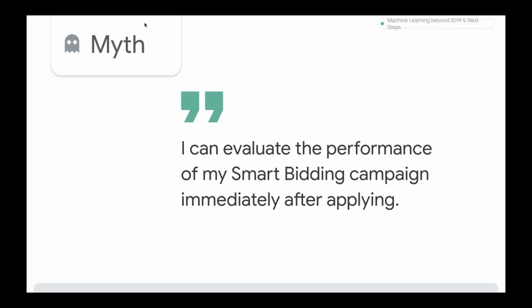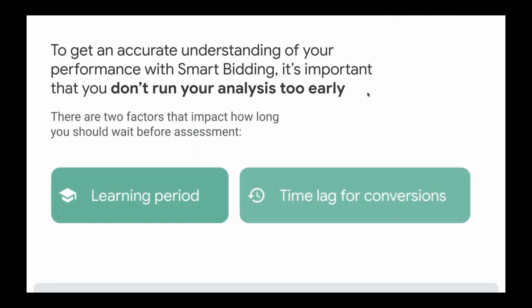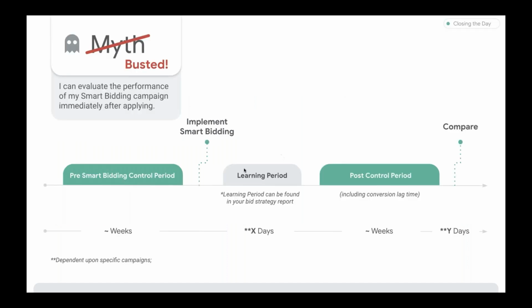Okay, we touched on this one: can I immediately evaluate the performance of smart bidding after applying? Not really. You have to make sure you account for the learning period and the time lag to conversions, right? You can find your learning period within your bid strategy report, and that's the period you take out of the date range, then focus on the post-learning period.